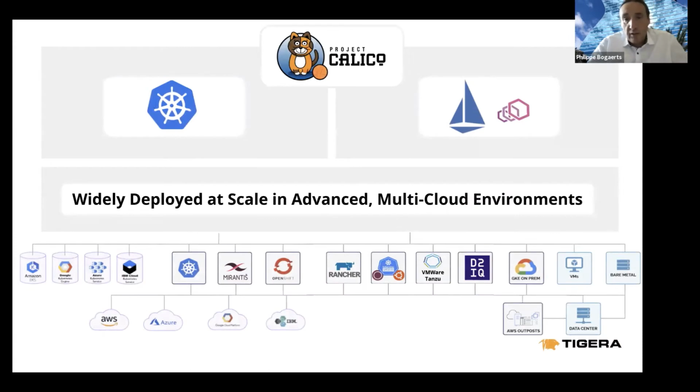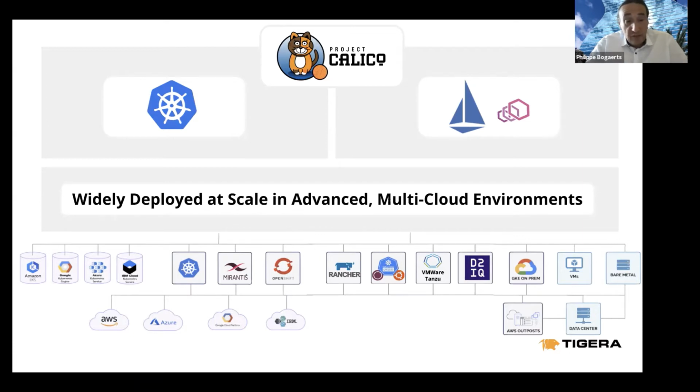So Project Calico, as I said, basically is two things. First of all, it's a networking solution, providing connectivity between VMs, containers, and hosts. And on the other side, there is also the security part, which is basically network security policy, so access control in and out of a certain workload. Project Calico is pretty well known, the CNI is used, and the security part is used quite a lot.